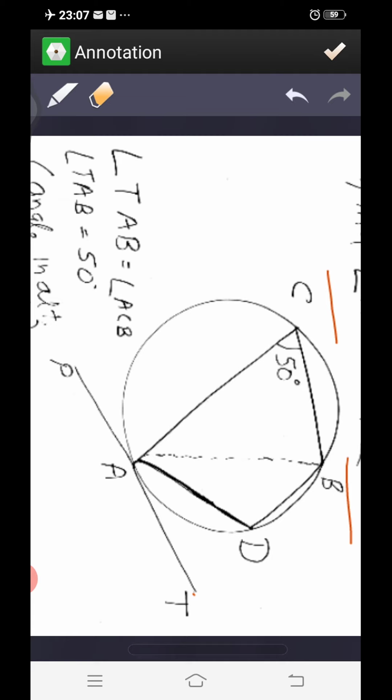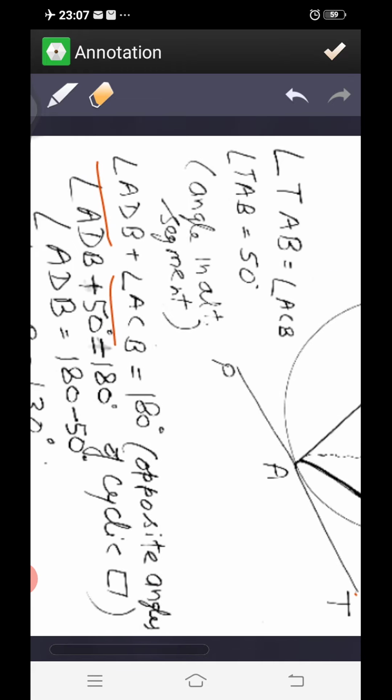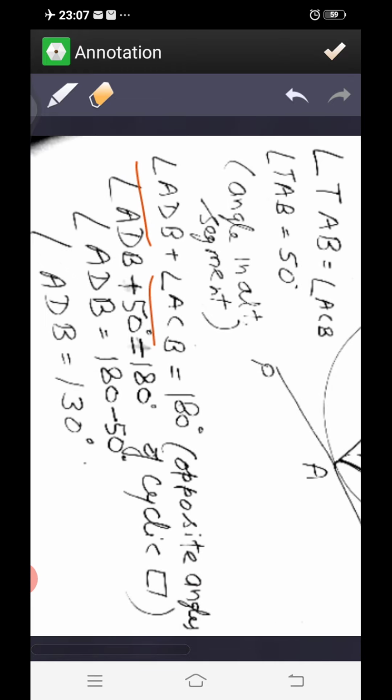We know that opposite angles of a cyclic quadrilateral are supplementary. So angle ACB plus angle ADB equals 180 degrees. Angle ADB we have to find. Angle ACB is given 50. So angle ADB equals 180 minus 50, that is 130 degrees.